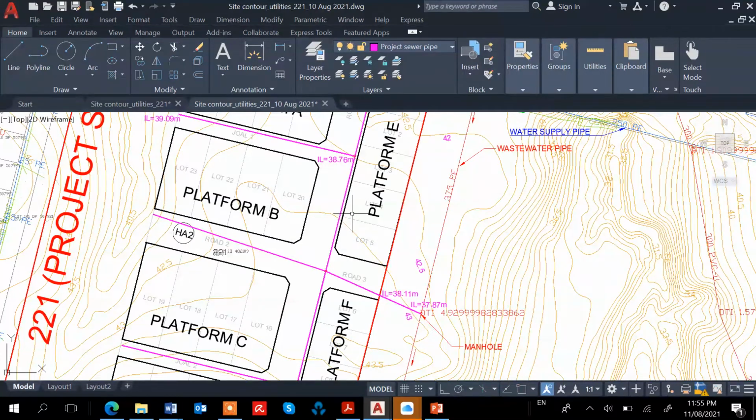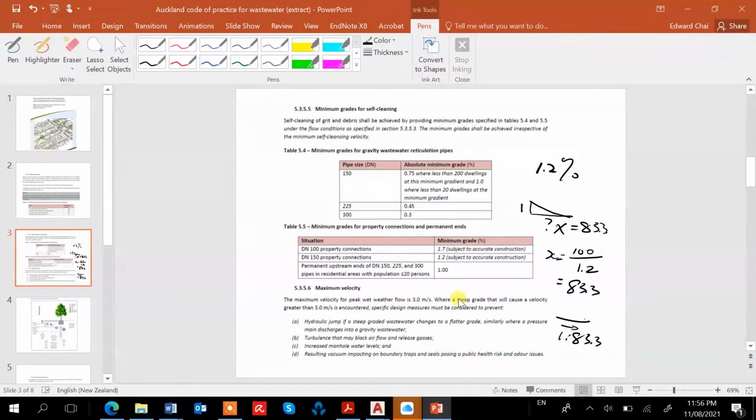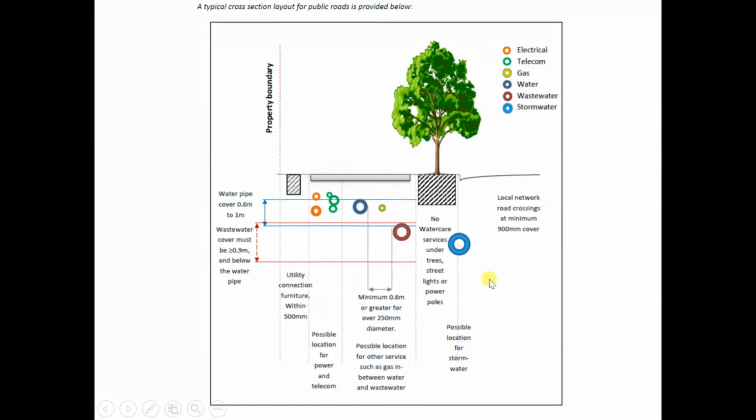We don't worry about the gradient. It just needs to be at a certain depth below the road, the water pipe, this blue color.